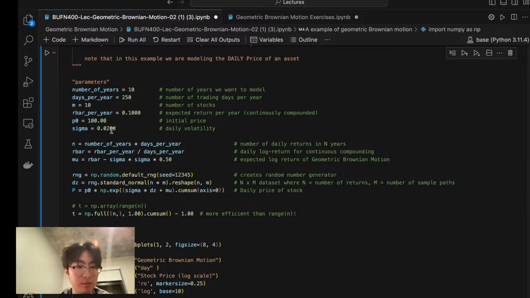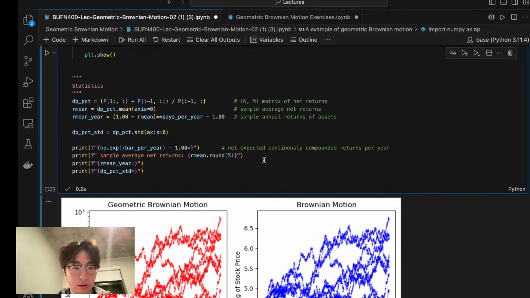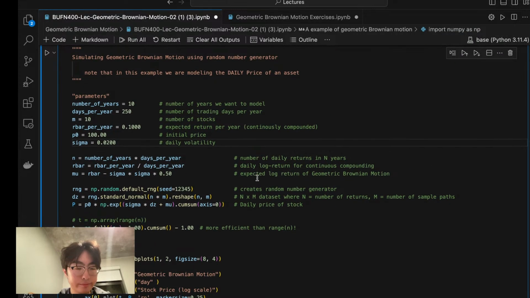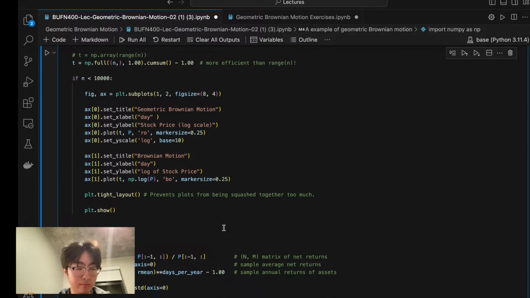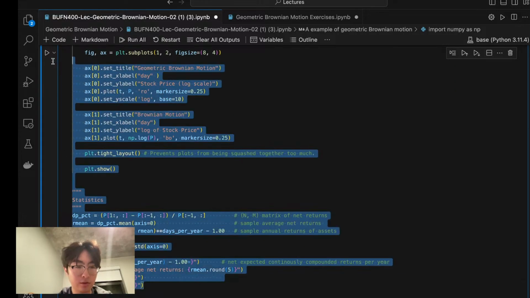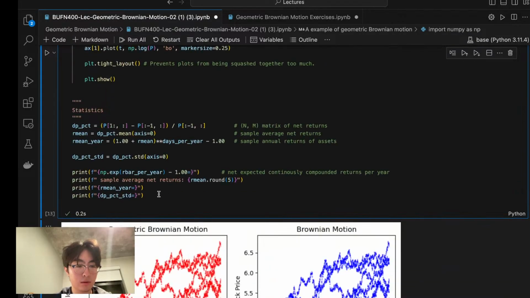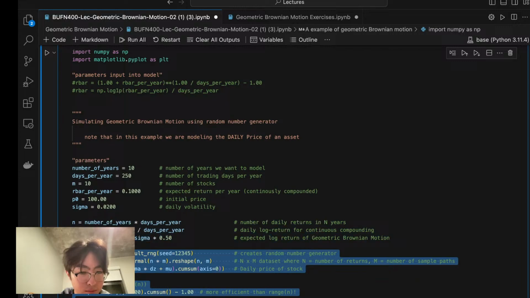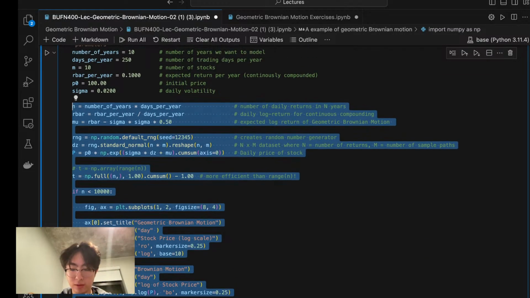Okay, let's do some experimentation. And this is when, let's say, our theoretical mean should be, we can put this in a function, I guess. So, yeah, I think all this we can input into a function.